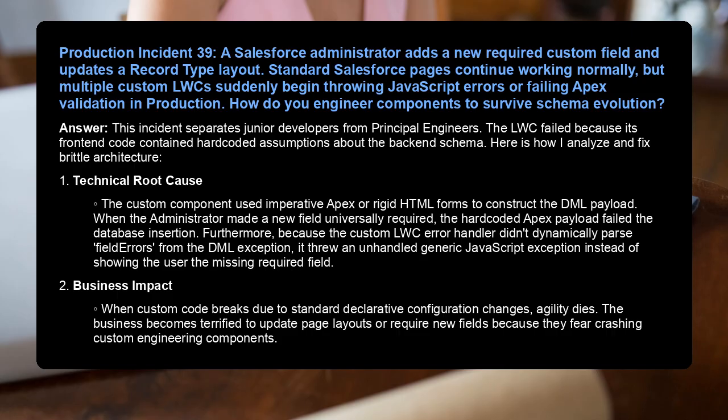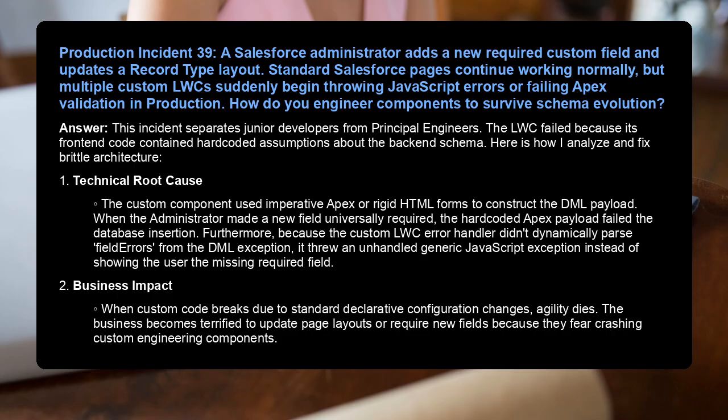Answer: this incident separates junior developers from principal engineers. The LWC failed because its front-end code contained hard-coded assumptions about the back-end schema. Here is how I analyze and fix brittle architecture. 1. Technical root cause. The custom component used imperative Apex or rigid HTML forms to construct the DML payload.